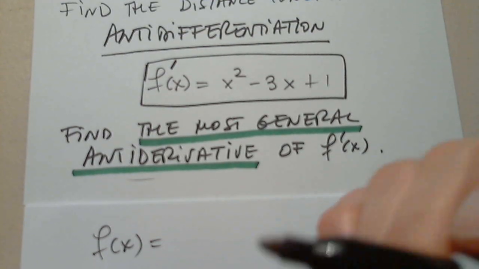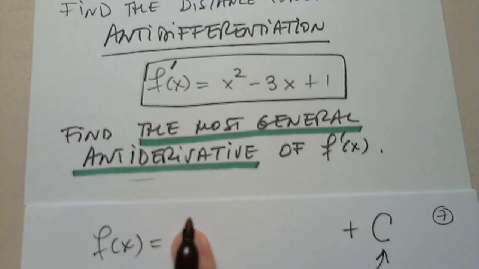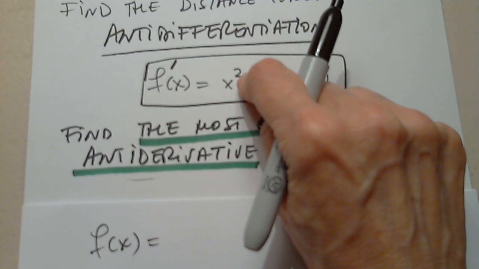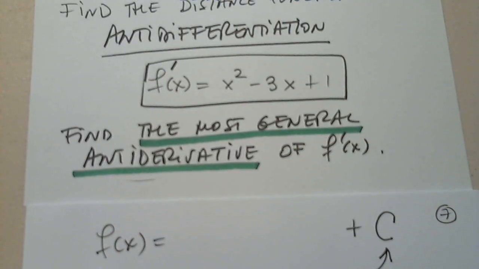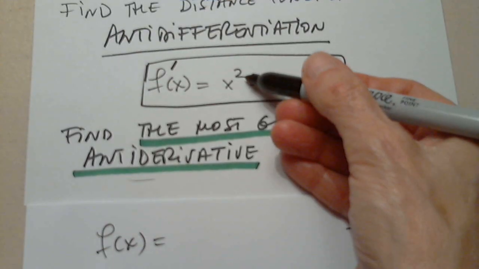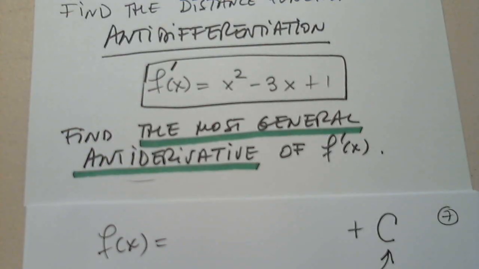Now, how do I determine the function that I would differentiate to get x squared? Here's the rule. x to the n plus first over n plus first, where n is the power. n is 2 in my case.